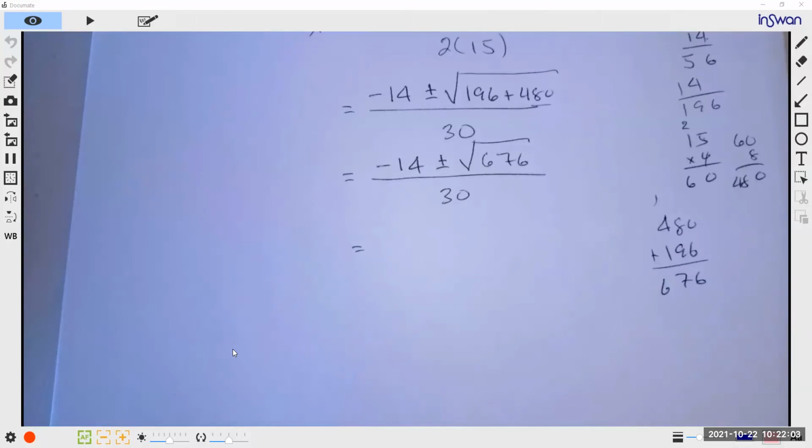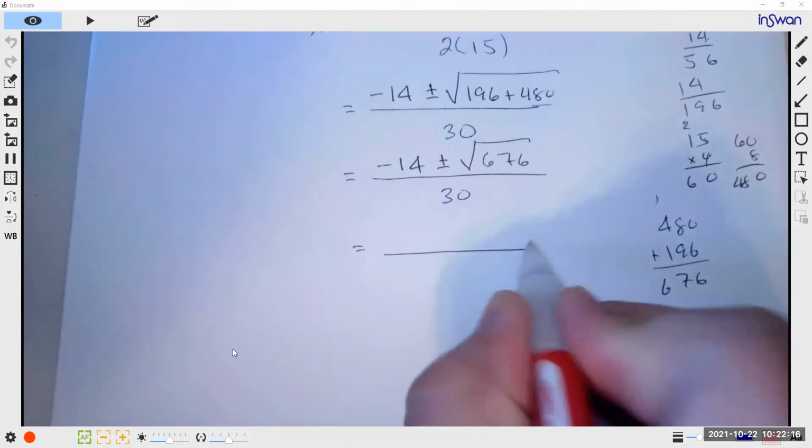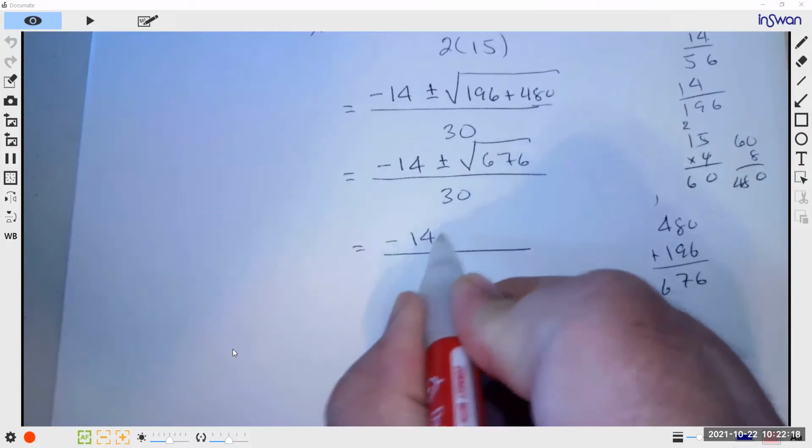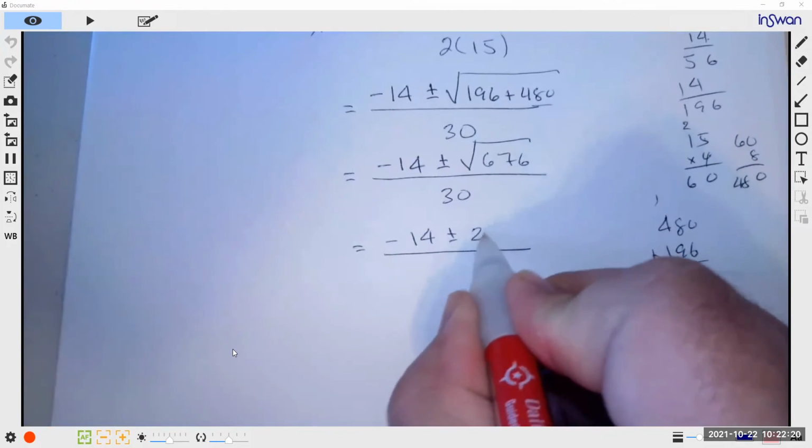Let me see. So the square root of 676 equals 26.